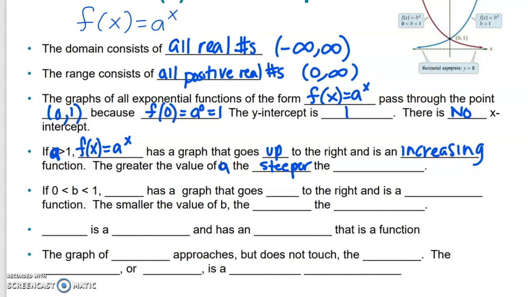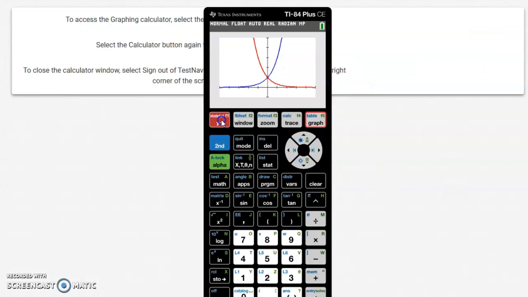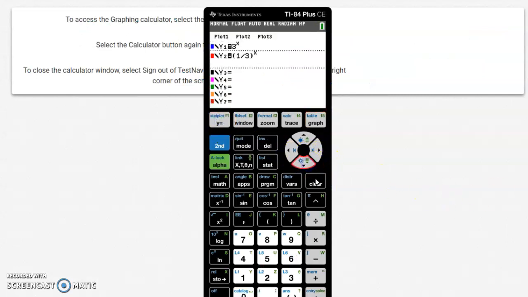Let's explore this, and you can explore this on your graphing calculator. So let's grab the graphing calculator and explore what they're saying. I'm going to clear out the one that had the base between 0 and 1.